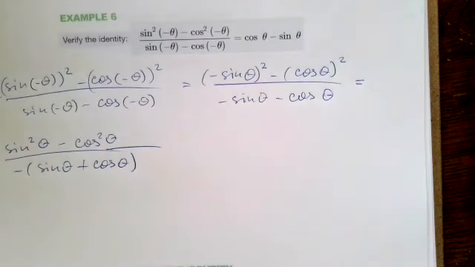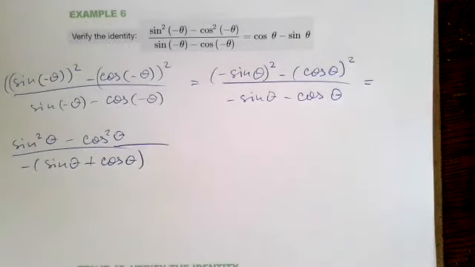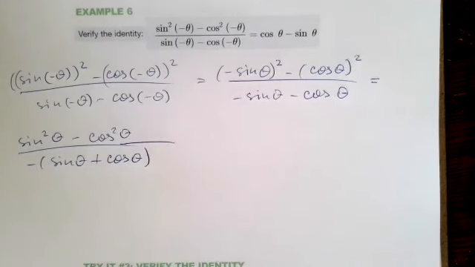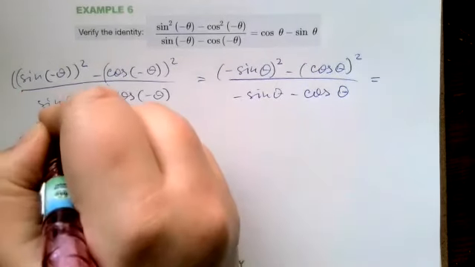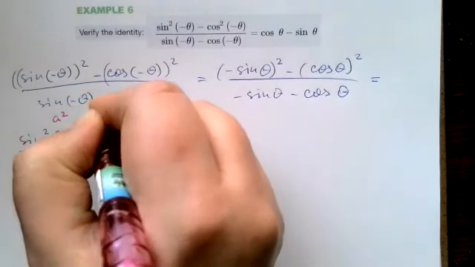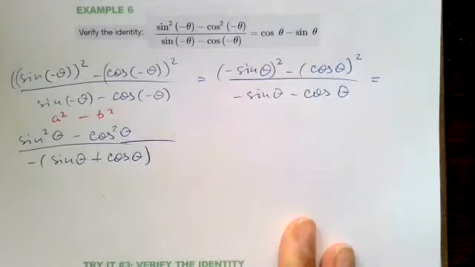Now, again, some of you will ask at this point, how do you know that's what you have to do? I don't. I just do what I see can be done, and then hope that it will lead me in the right direction. If not, then I'm going to start over again. Okay, so here I have an a squared minus b squared situation.